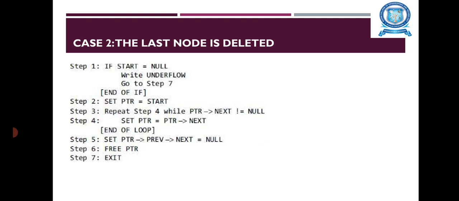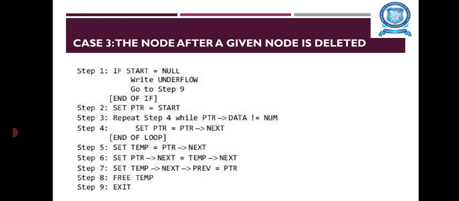The next case is that the node after a given node is deleted. We want to delete the node that is given. Here it is the same procedure, but in a small case it is different. We take the pointer variable pointer and initialize it with the start value. The pointer variable now points to the first node of the doubly linked list. The while loop traverses through the linked list to reach the given node.